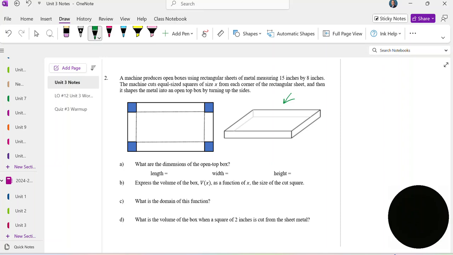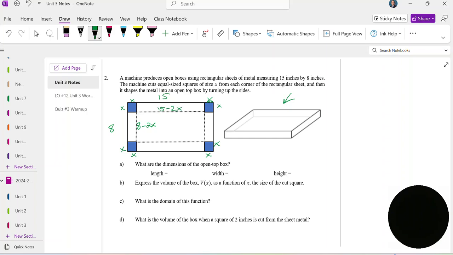Well, first of all, the rectangular sheet is 15 inches by 8 inches, but then you cut the X's from each corner. So then the dimensions here would be 8 minus 2x and then 15 minus 2x.